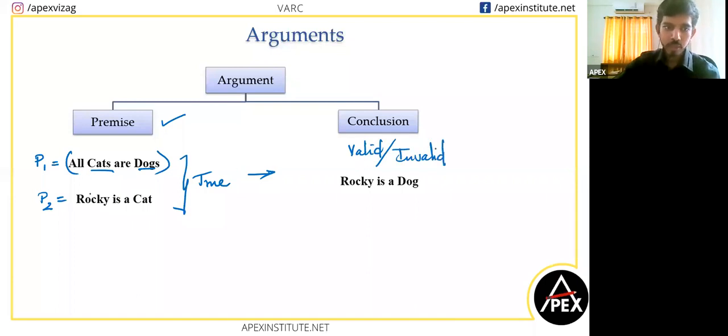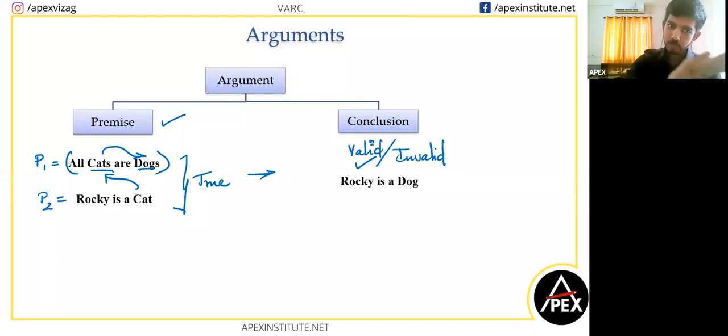So if Rocky is a cat and all cats are dogs, then by extension, does it mean that Rocky is also a dog? Can it be called a valid conclusion? Yes. So this is a valid statement. This is all the concept there is in arguments.